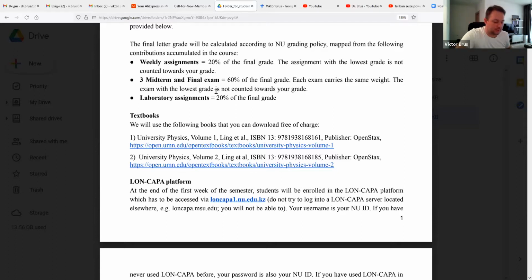Then we will take this into consideration, and if indeed there was a technical issue in this problem, you will get your point if your solution is correct and was not accepted by LongCAPA.